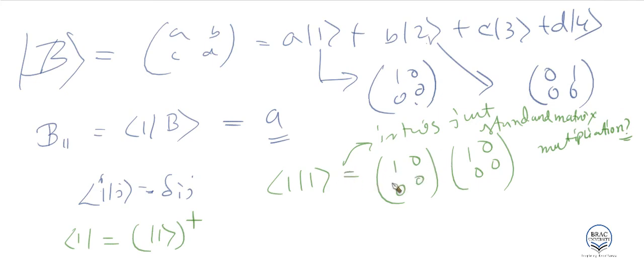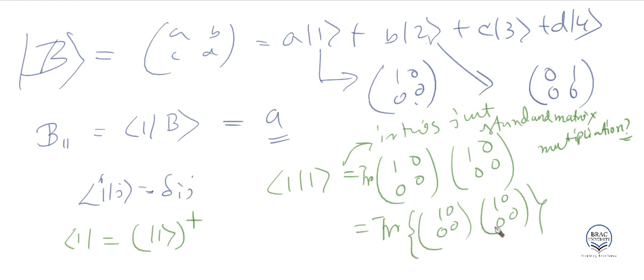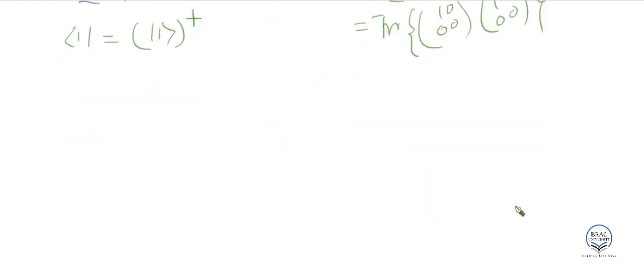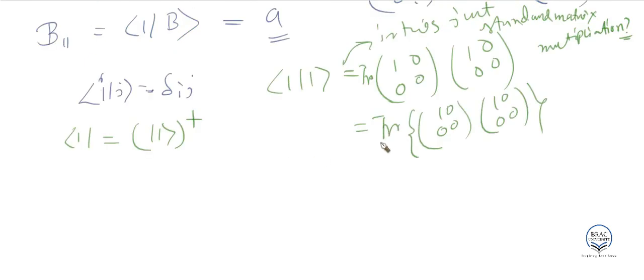When you write it like this, it is not a standard matrix multiplication, rather it will be the trace of these two matrices. That means after you multiply them, let me put the trace over here. Let's try to see what happens. For now, take this definition as granted.